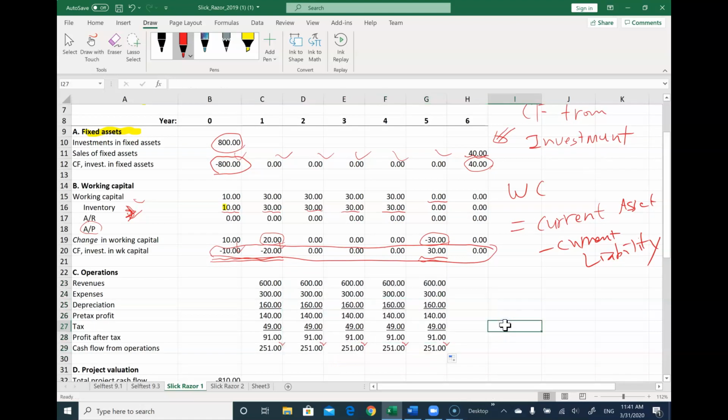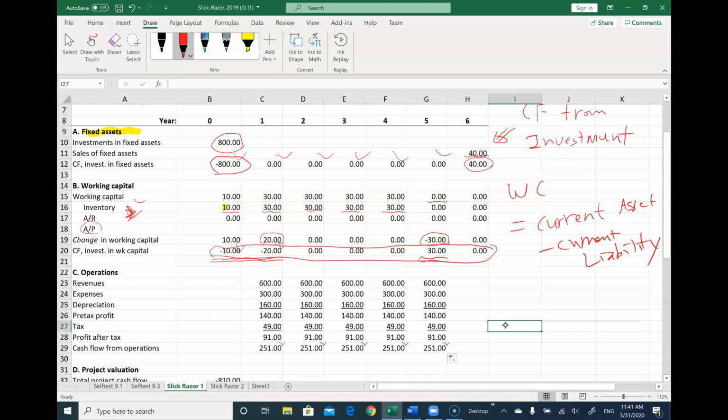Okay, so now we have the cash flow from operation from year 1 to 5. We have cash flow from the investment in working capital in here, and we have cash flow from investment activity here, right?